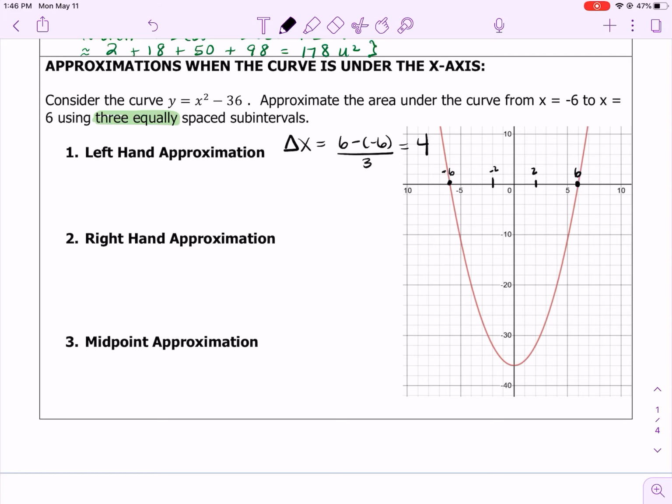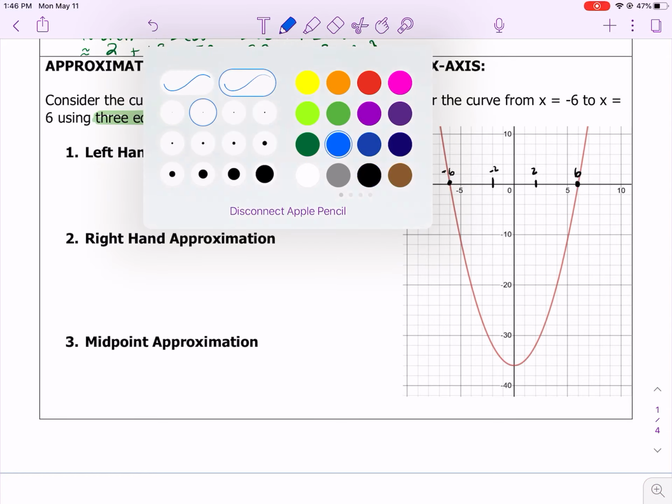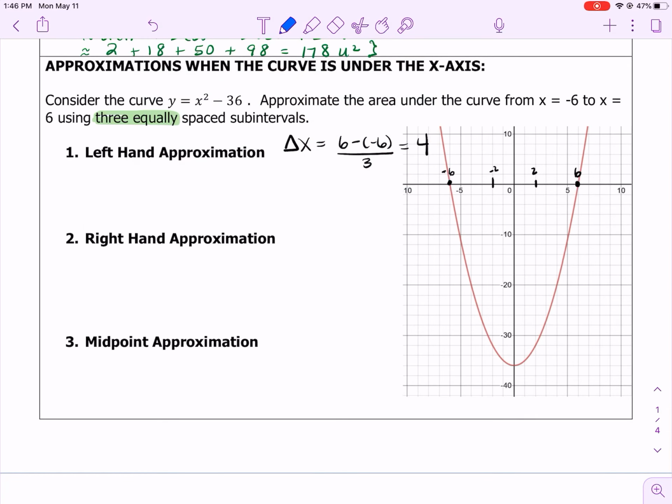So notice here, if we're using, again, your left-hand approximation, I'll do it again in blue here, the area under the curve, using your left hand for each of those, is going to be, for the first subinterval, starting at -6, the height of our function is 0, because we're using that left-hand approximation.